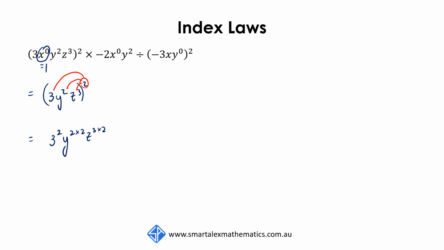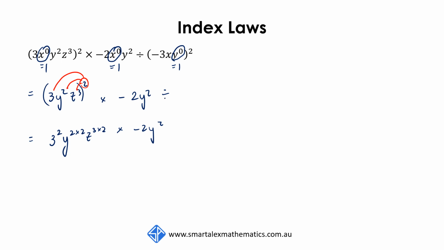The second term, minus 2x to the 0 y squared, well, x to the power of 0 is going to be equal to 1. So it becomes minus 2y squared. And in the last term, minus 3xy to the 0 all squared, y to the 0 is equal to 1.